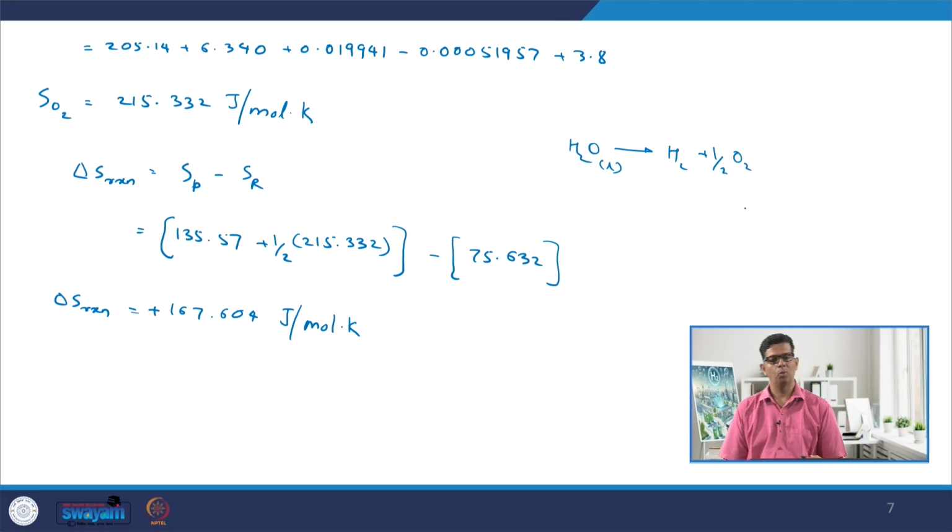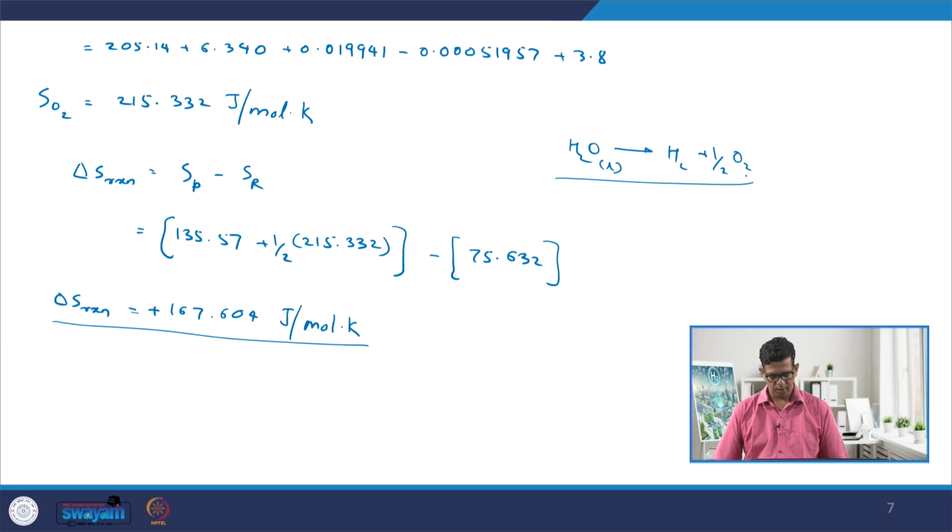So, since there is more generation of gases, as we have discussed before, the number of moles of gaseous products is more compared to that of the reactants, the entropy of the reaction is likely to increase. So, following the same principle, entropy is positive here, underlining the fact that there is more chaos in the system as and when the system undergoes this reaction.